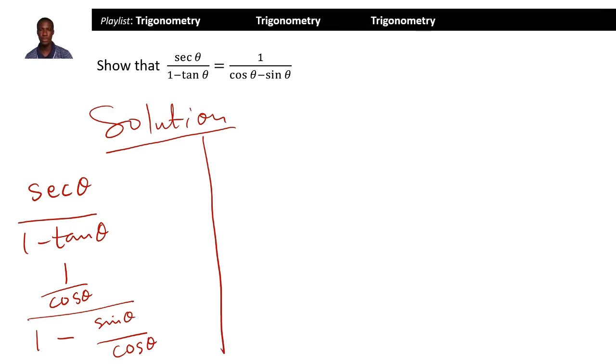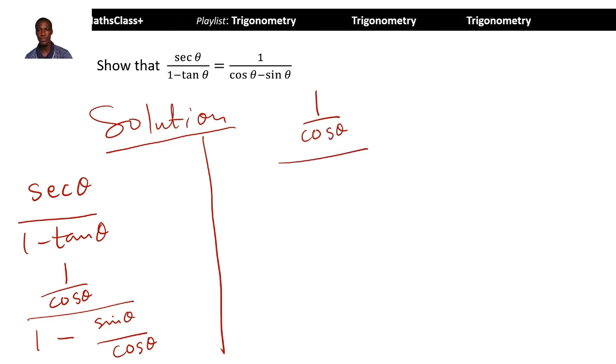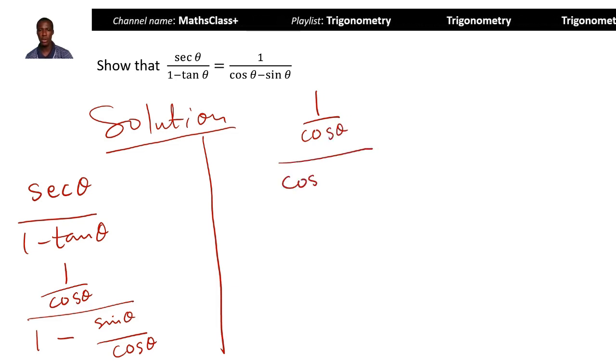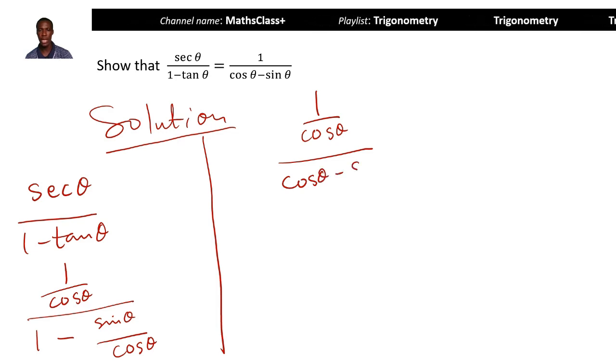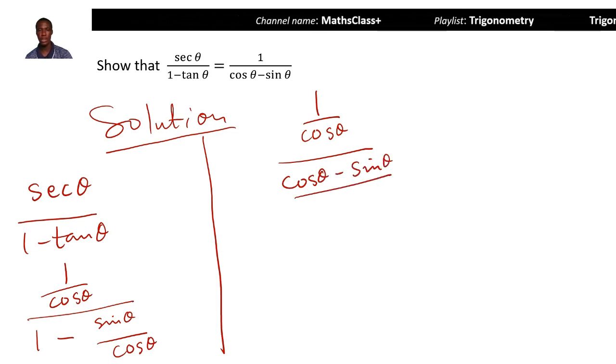So for the numerator, I have 1 over cos theta. For the denominator, if I multiply the LCM, I get cos theta minus sine theta all over cos theta. Then I will have to do the division by reciprocating.